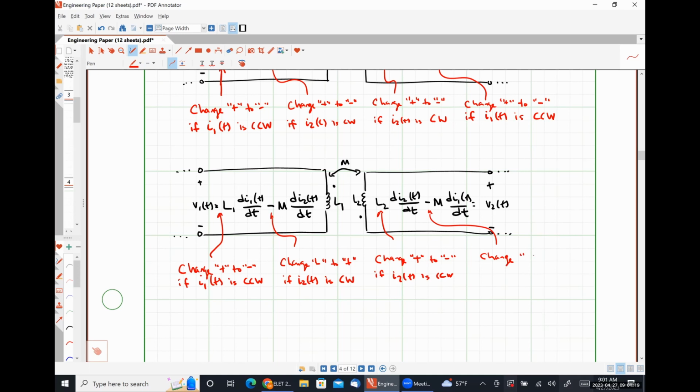Change this minus to plus if I1 is counterclockwise. So that's all those rules summarized for really the two different conditions that we can have. Dots are on the same side and dots are on the opposite side.